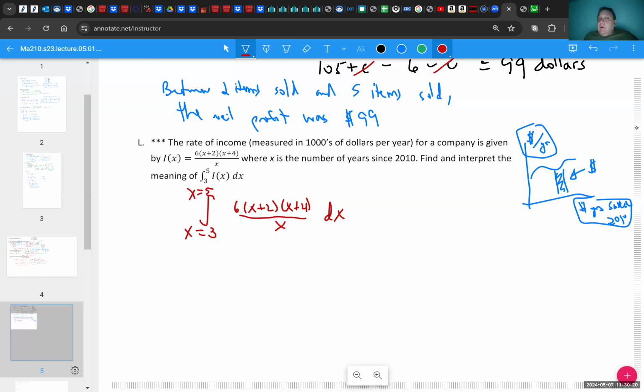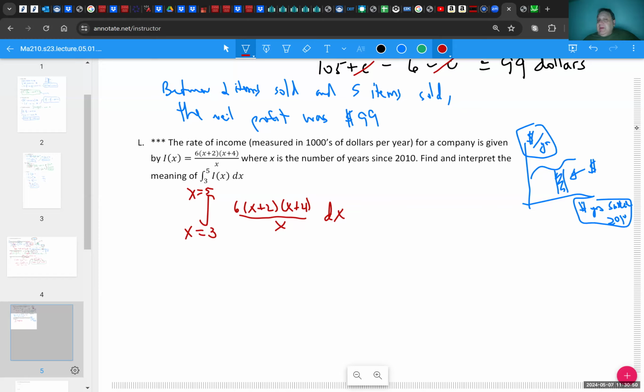All right, so we're going to want to antidifferentiate this and evaluate it at the endpoints. This is not easy to antidifferentiate without simplifying first, and we have some choices on how to simplify this. In this particular case, I would recommend trying to distribute as much as possible so that we can separate things with plus signs and minus signs, because each individual function separated by a plus sign or a minus sign, we can integrate separately.